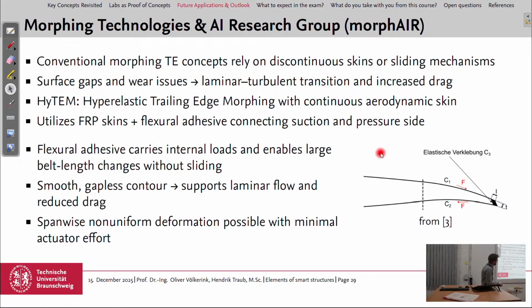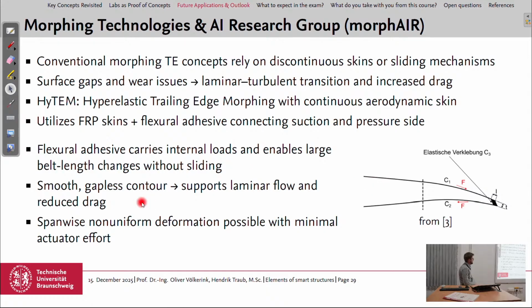where, if we look at the cross section, we have CFRP, fiber reinforced plastic skins, and at the end we have a flexural adhesive connecting the upper and the lower wing cover, so the suction and the pressure side. Then they used conventional actuators like from mechatronics to get forces on the skins, and with that the whole trailing edge could deform.